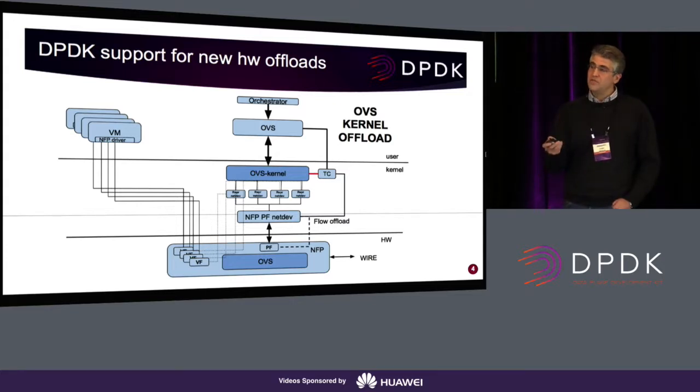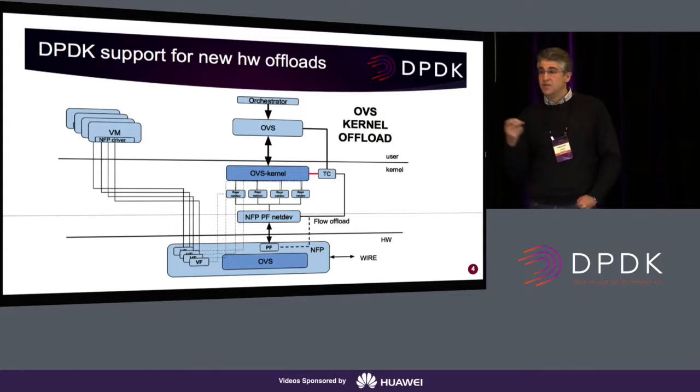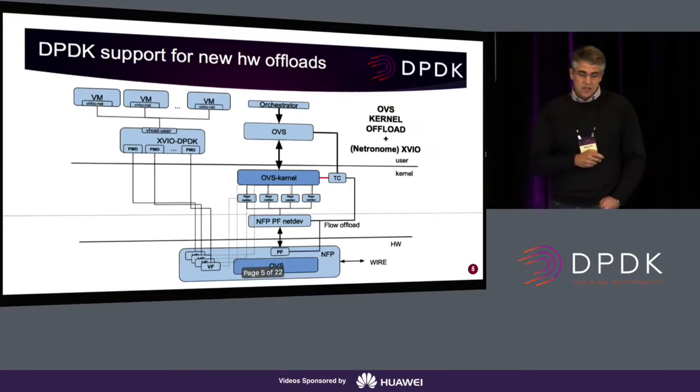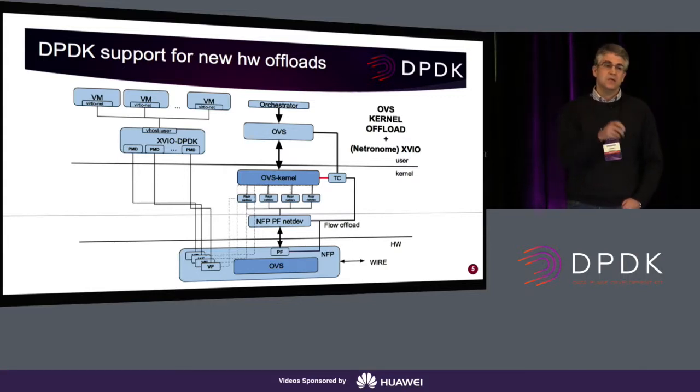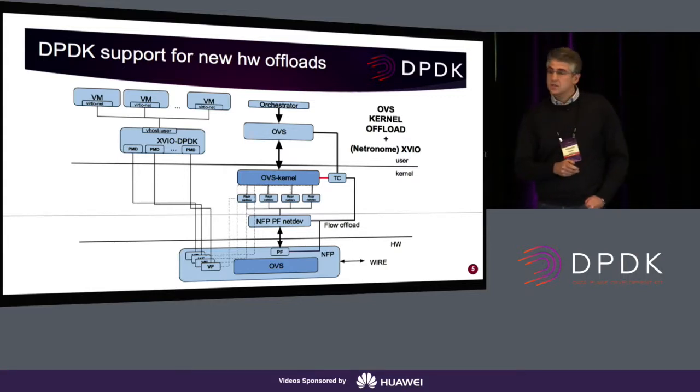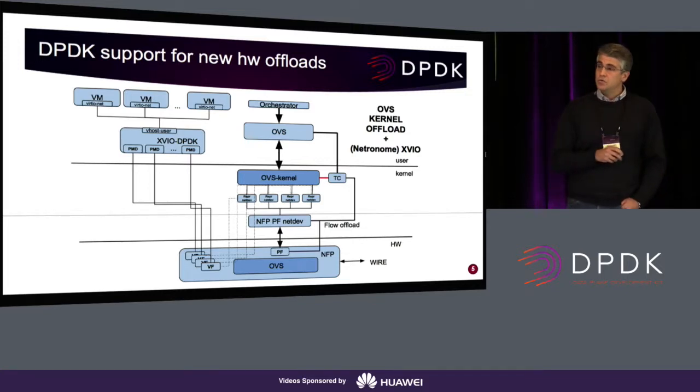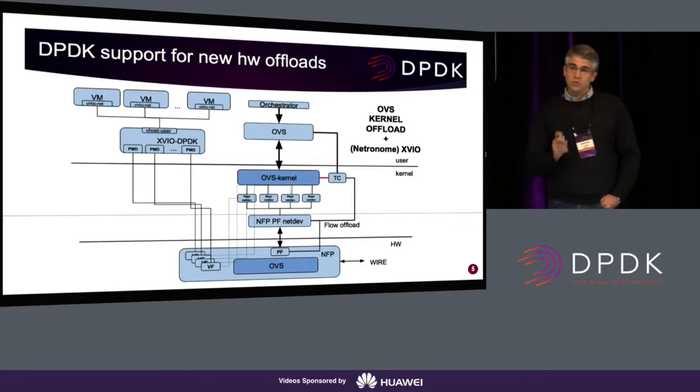We have a potential solution for that with this virtio offload, but our current solution is using DPDK, not DPDK OVS, but a DPDK intermediate step. So VMs are not talking directly to the NIC, but through a DPDK app that is doing this redirection. Okay, so we solve in this way the problem of using virtio inside the VMs. But this is not DPDK OVS. What we would want to have is the same architecture with DPDK.